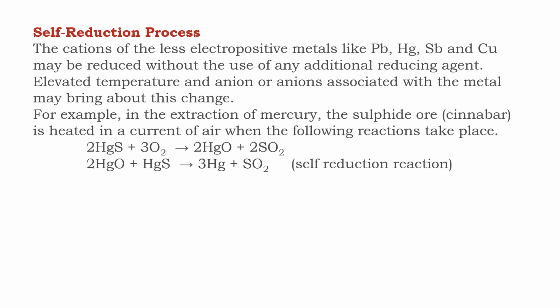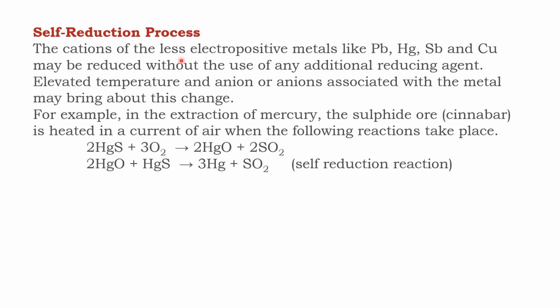For the extraction of certain metals, self-reduction occurs. That means the oxide or sulfide or hydroxide of the same metal undergoes an oxidation-reduction process so that the metal will be extracted in the crude form.